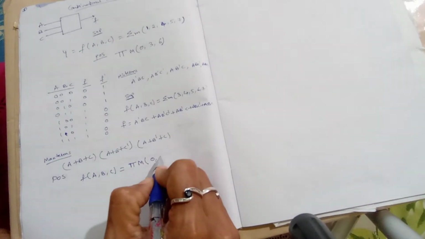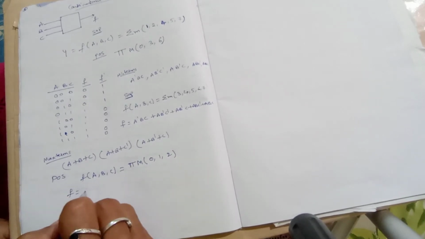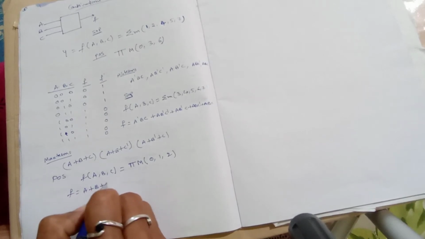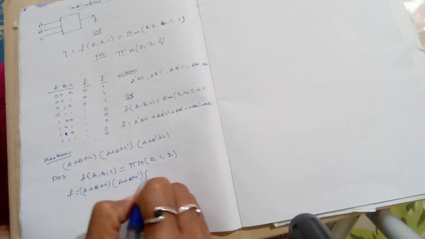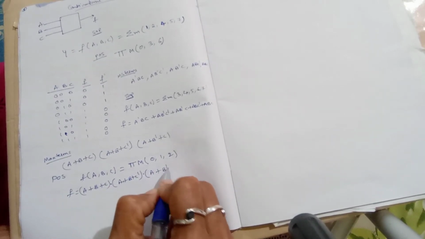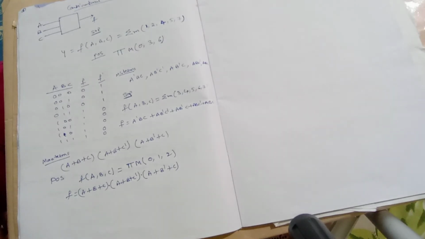So 0, 1, 2, and the function is written as A plus B plus C into A plus B plus C bar into A plus B bar plus C. This is the POS. Okay, now we'll see incompletely specified function.